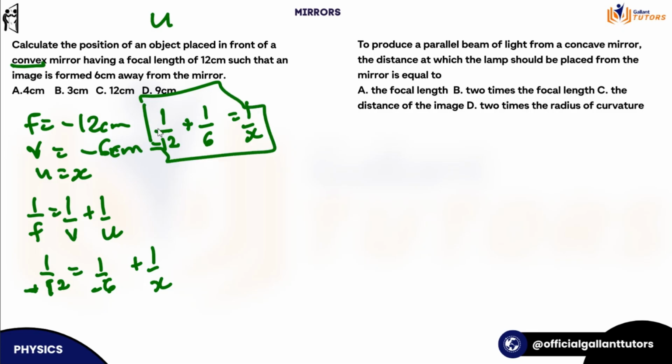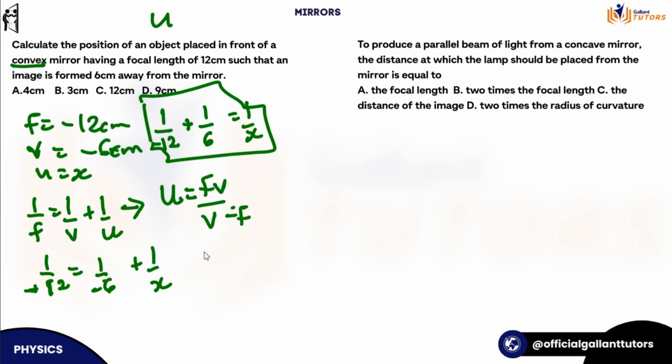But just to maintain consistency, when I was teaching, I brought out the formula from this particular part, and we end up getting U is equal to FV over V minus F, if you can remember well.